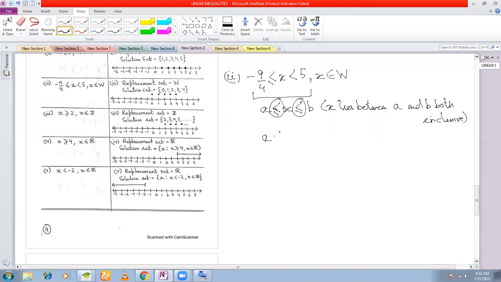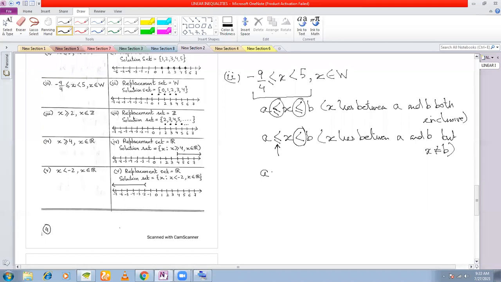Similarly, if I write this here in this manner, it means x lies between a and b, but x cannot be equal to b. Why? Because you see there is no equality sign here. x can be equal to a because you see the equality sign is here, but x will lie between a and b, and x can be equal to a but not equal to b.